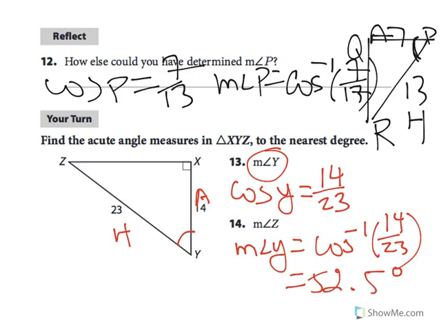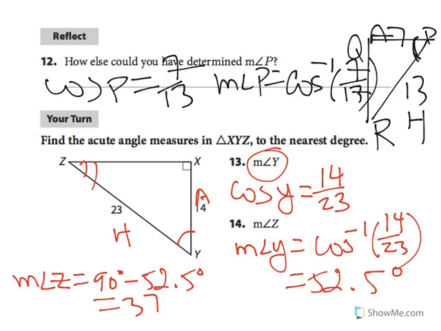Right? So to solve for Z, we can do it two ways. These two are complementary, so we can say that angle Z equals 90 degrees minus 52.5. So then this gives us 37.5 degrees.